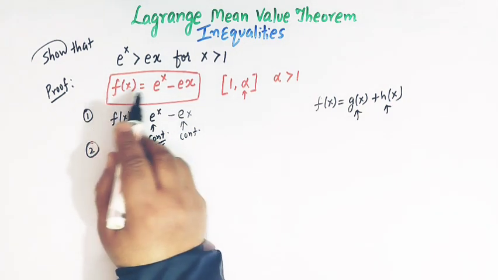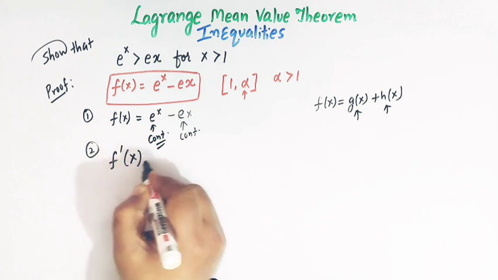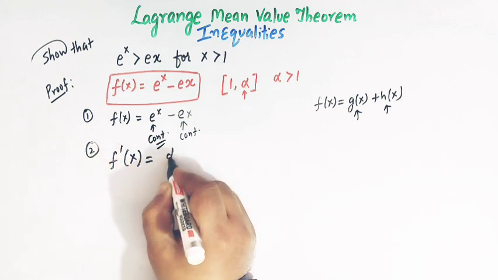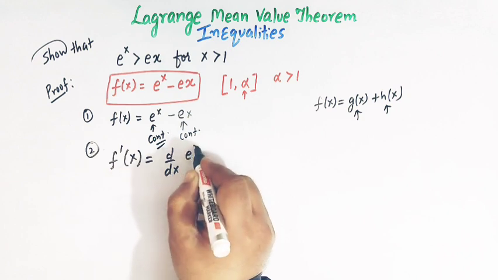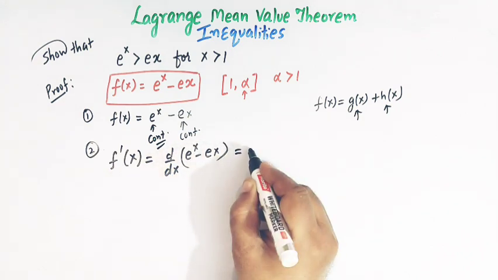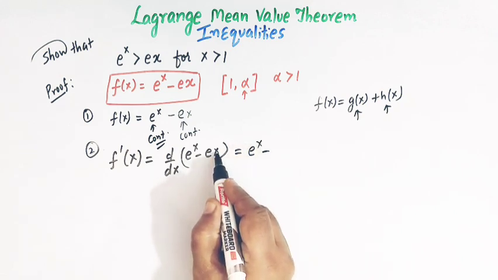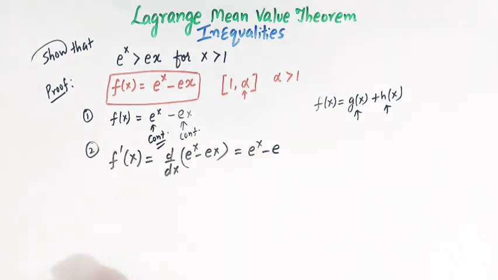So now if we differentiate f of x, then we'll get f prime of x is equal to the derivative of e raised to x minus ex, and the derivative of e raised to x is e raised to x, and here the derivative of x is 1, so we have simply e, right?